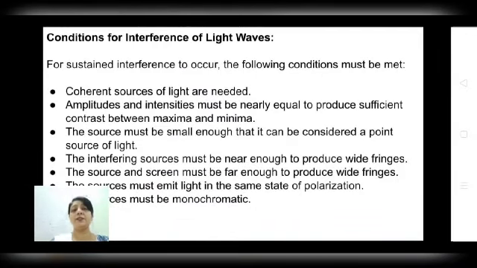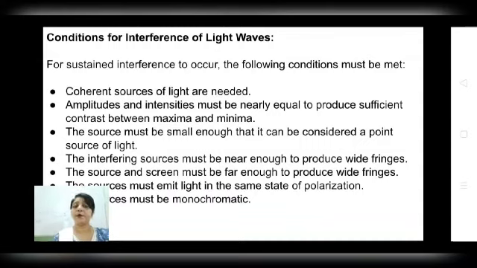Now, what are the conditions for sustained interference? As I discussed before, the main requirement of interference is that the sources should be coherent in nature. Means the source should be such that the waves obtained from them have a zero phase difference or a constant phase difference with respect to time.